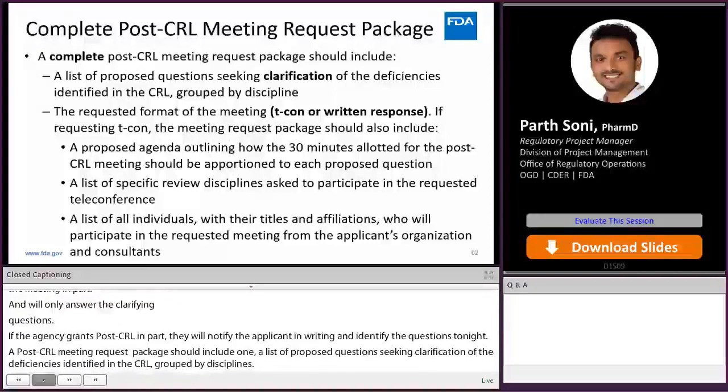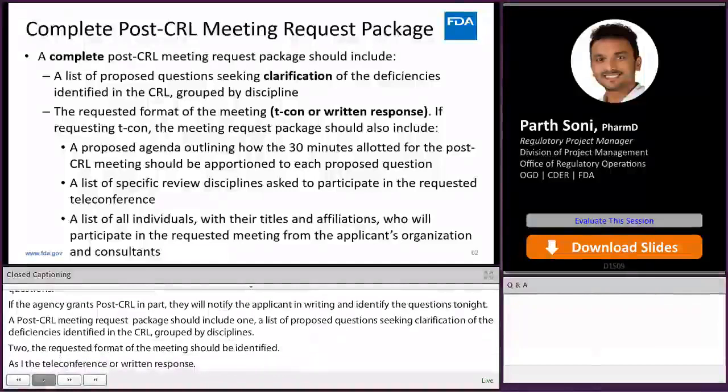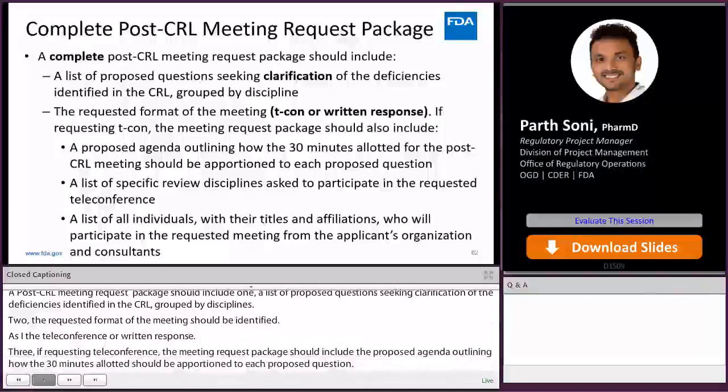If requesting teleconference, the meeting request package should include a proposed agenda outlining how the 30 minutes allotted should be apportioned to each proposed question, a list of specific review disciplines asked to participate, and a list of all the applicants' attendees with their titles and affiliations.